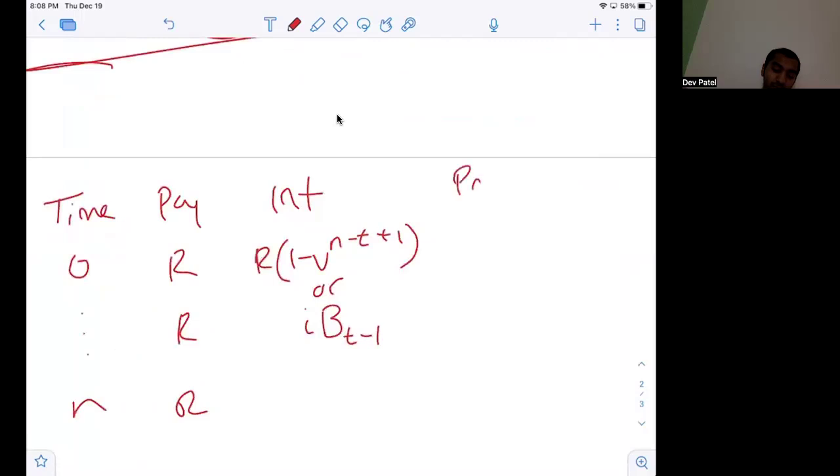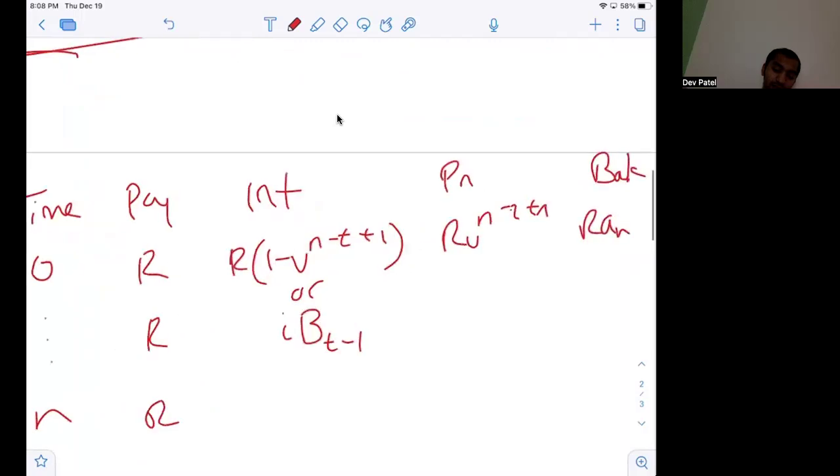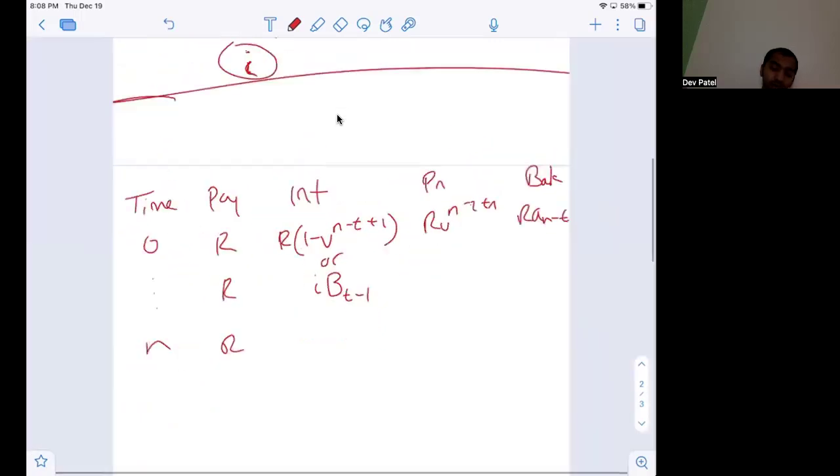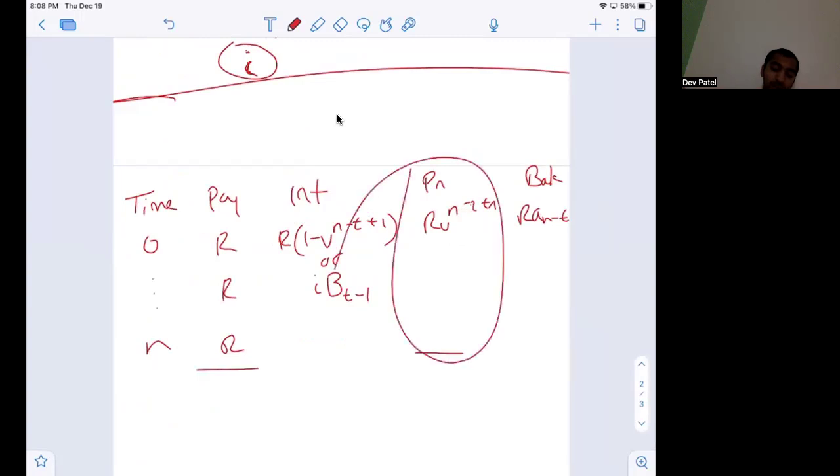We have the principal repaid, which is R v^(n-t+1), and then we have the book value, which is R a_(n-t). And again, it's very similar to how bonds are structured in the sense that the interest due and the principal repaid at any given time will equal the total payment amount. The total principal repaid will always equal the original loan.